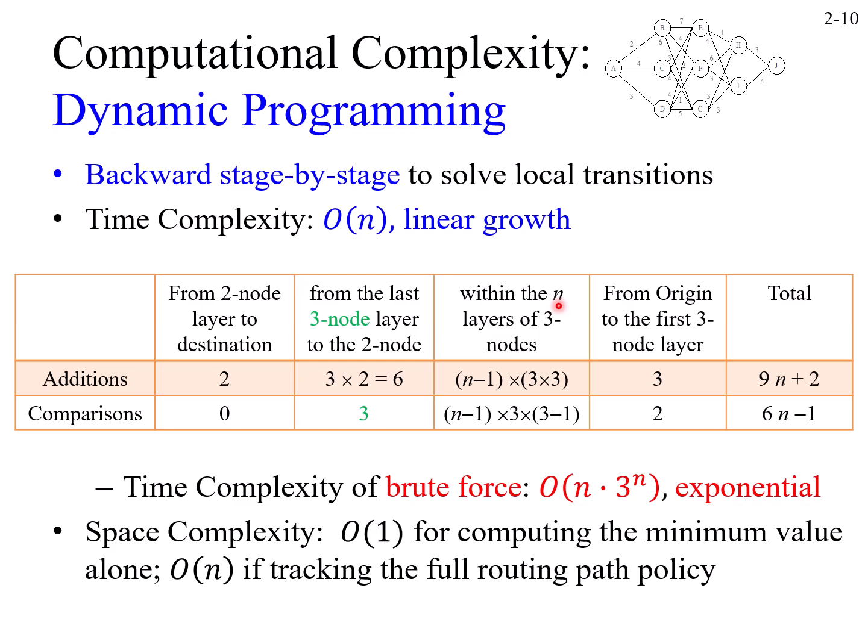And within the n layers, there are additions for each node. We have 3 nodes, right? For each node, we have 3 additions, so it's 9 additions, and we have n-1 layers. And this is from the origin to the first 3-node layer. So this is our total additions, and you could compute comparisons accordingly.